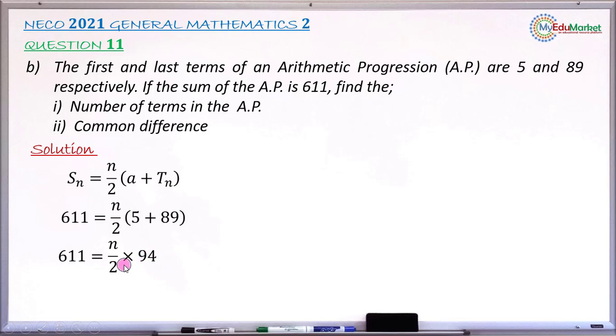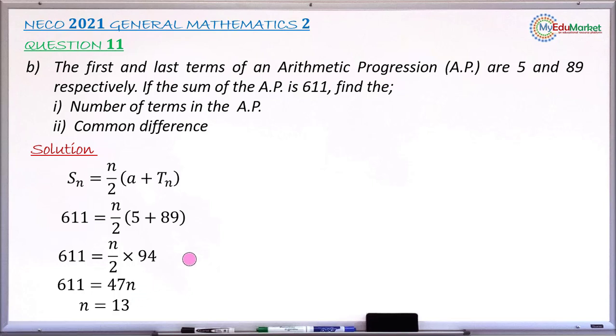Dividing 94 by 2 gives 47, so 611 equals 47n. We divide both sides by 47 to get n. When 611 is divided by 47, the result is 13. So n equals 13, which means in this AP there are 13 terms.